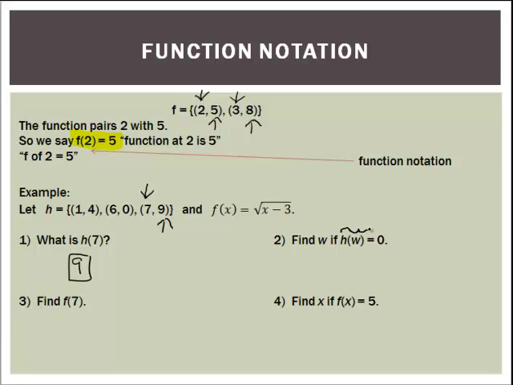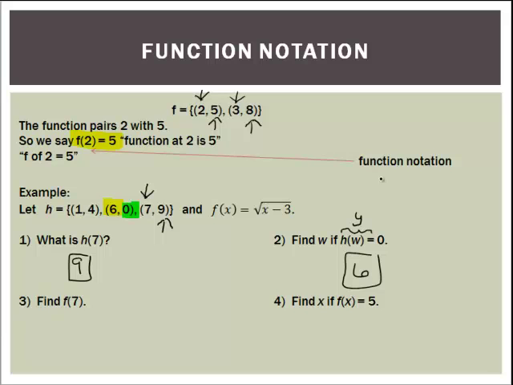Well, this time they're giving you the y. H of w is 0. So we're looking for where y is 0, and they want to know what is the x that goes with it. So that would be 6. So h of 6 is equal to 0.